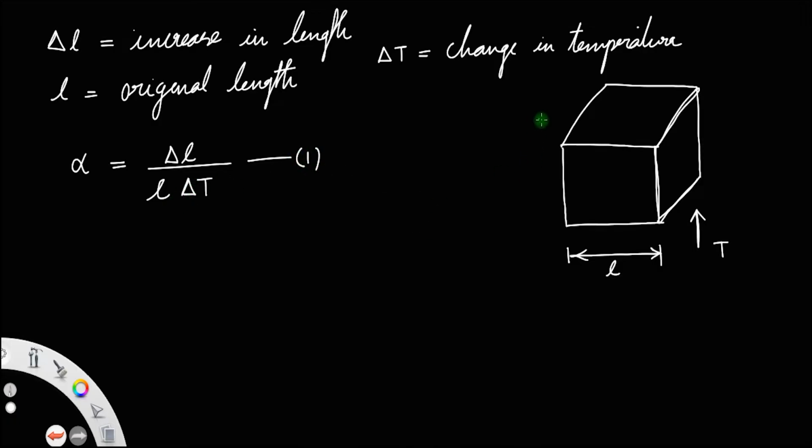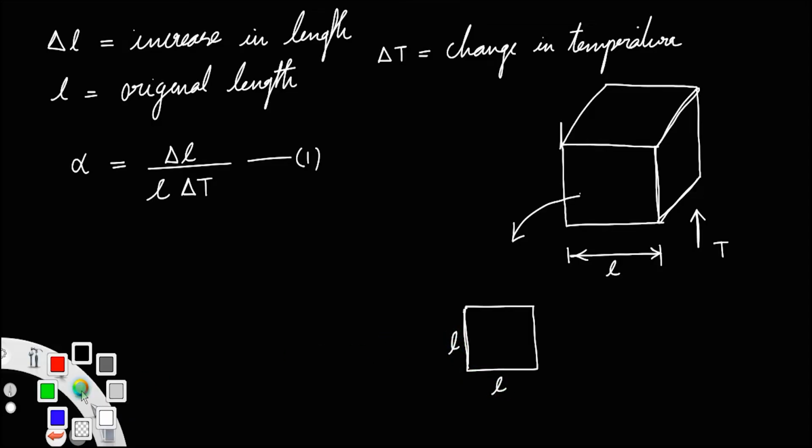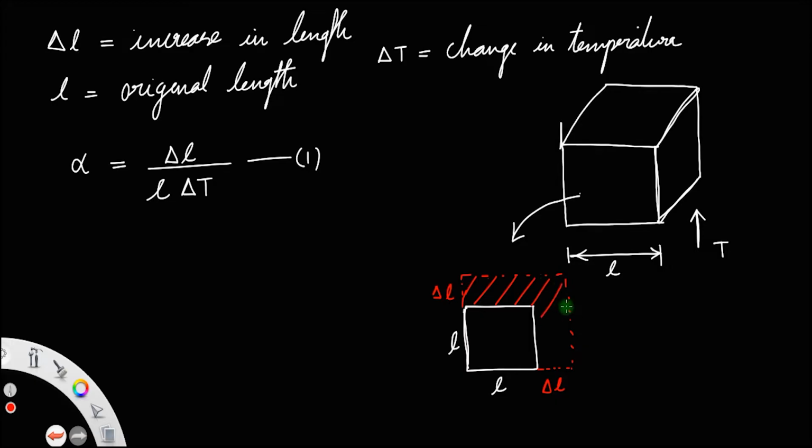Also, the area here increases. Suppose you take this area, it will be a square of length L. After heating, there is an increase of delta L here, and here also there is an increase of delta L, which means the new square will be like this, so there is an increase in the area of the square.